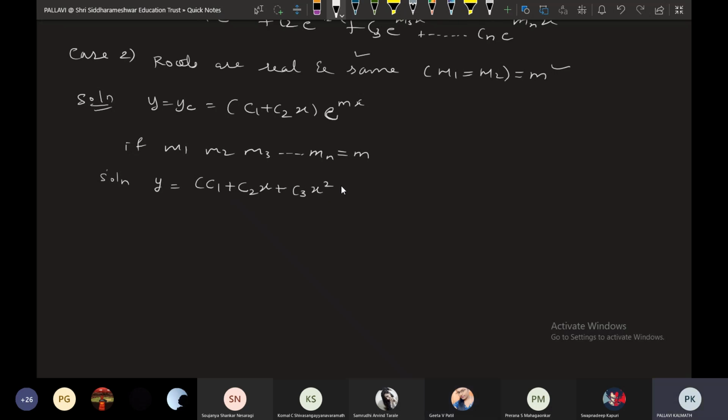It will be c3 x square plus c4 x cube, and so on up to the general term. If it is 4, it is 3; if it is 3, it is 2. So if it is n, x raised to what? n minus 1. And e raised to mx, this will remain same. Okay, so is it clear all of you? Second type, how to write the solution?